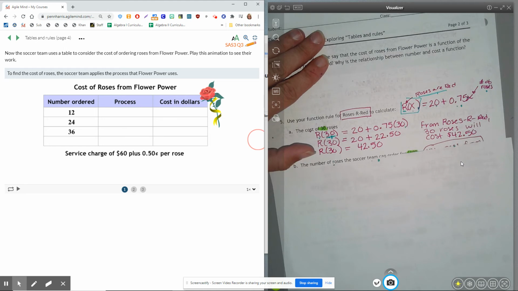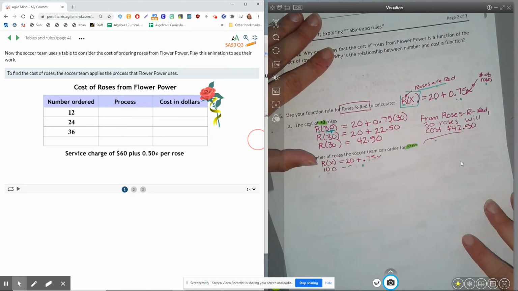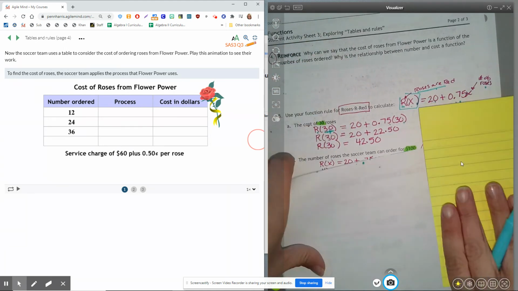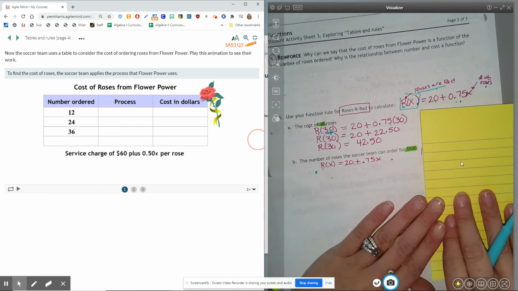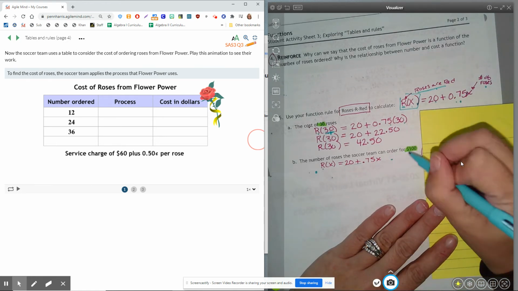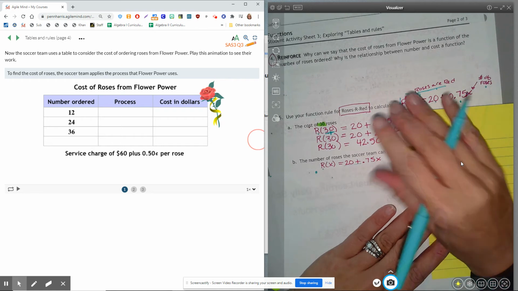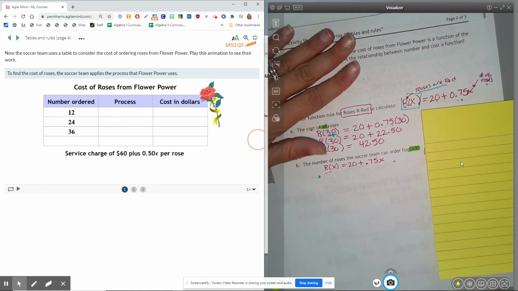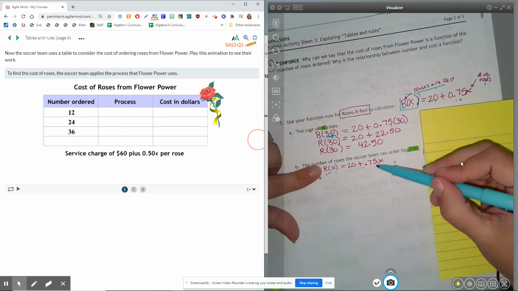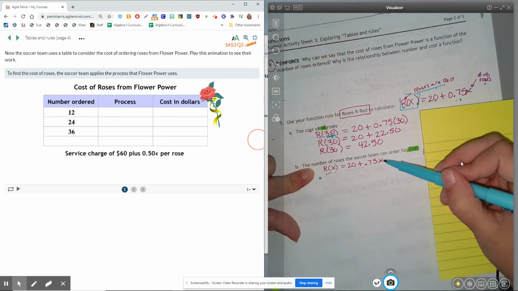Now this time, they give us $100. This time we want to know how many roses we can buy for $100. So here's our original function: R of X equals 20 plus 0.75X.